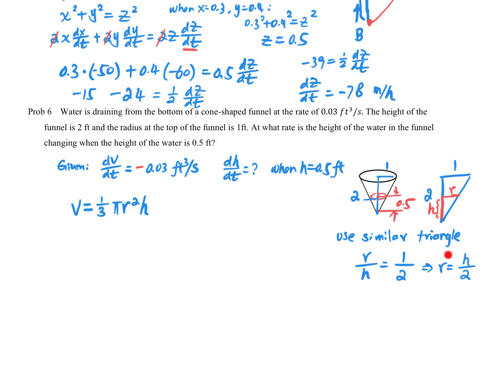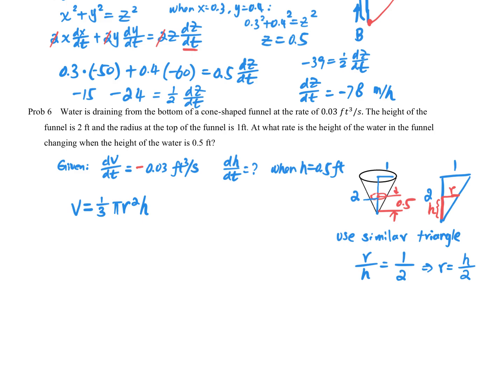That's why I solve for r. Now after that, I'm going to do this substitution. I'm going to plug this in here, right? So my volume becomes 1/3 pi times r squared times h, and what is my r? h over 2.